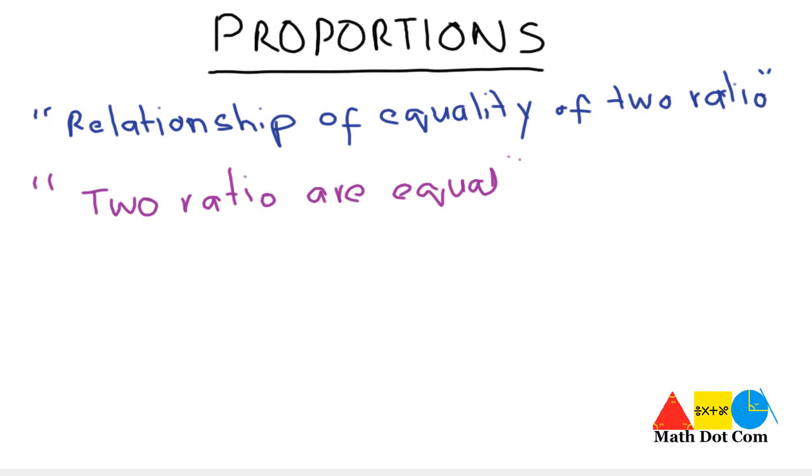Another definition is a type of ratio that relates one part to the other, or to the whole. But at the end you will see that the concept is the same.